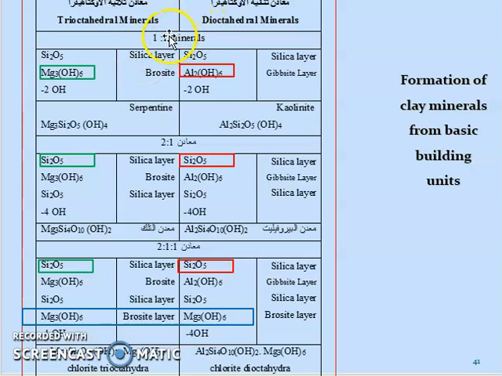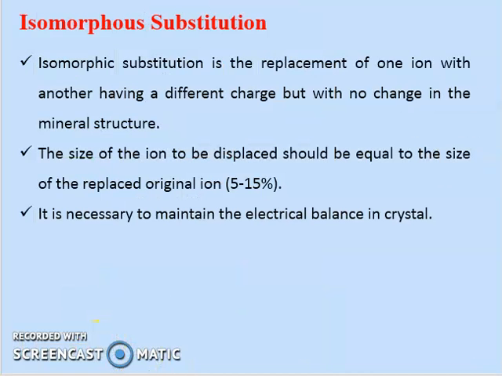The types of mineral are 1-1, 2-1, 2-2, or 2-1-1 minerals. So you have kaolinite, Al2Si2O5(OH)4, serpentine, pyrophyllite, talc, dioctahedral chlorite, and trioctahedral chlorite.